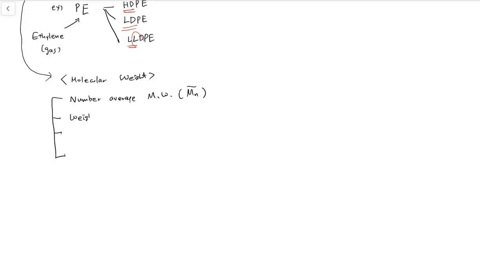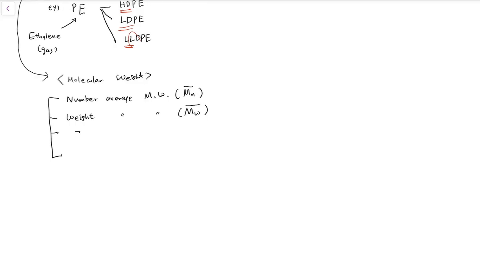Second is weight average molecular weight, denoted as Mw bar. Then Z average molecular weight, Mz, and viscosity average molecular weight, Mv bar.